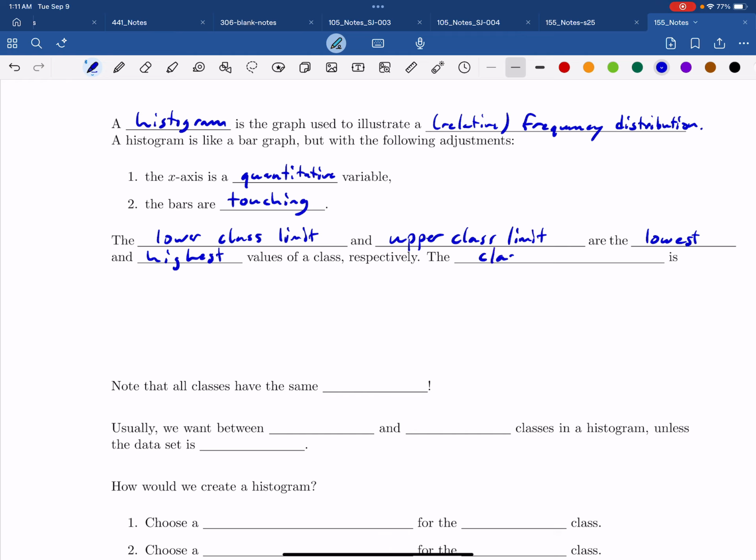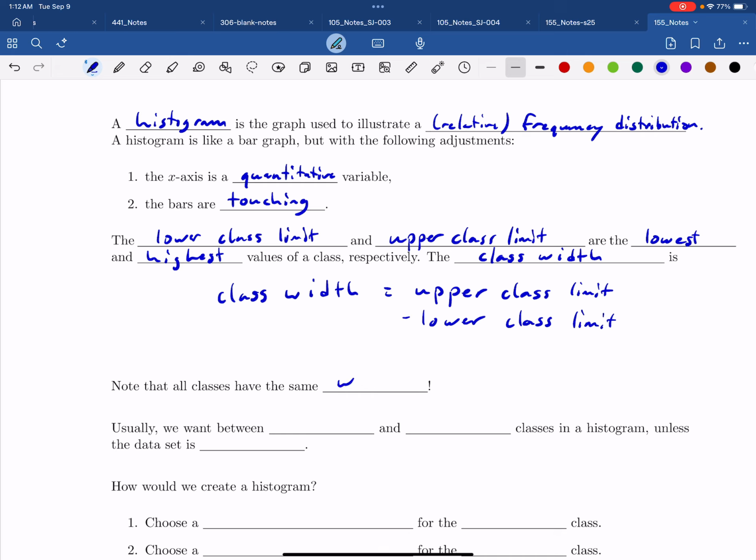And the class width is, well, maybe what you might expect. Upper class limit minus lower class limit.